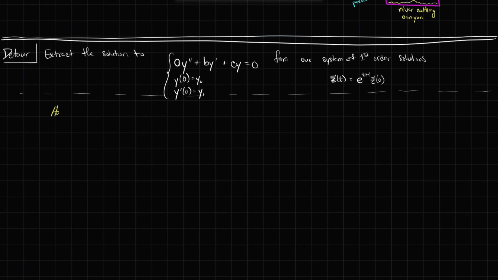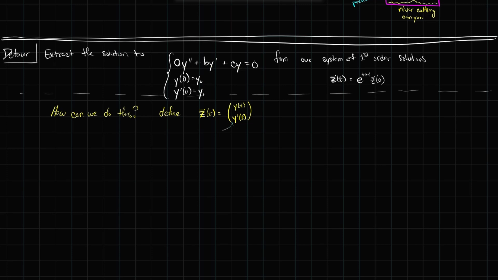So how could we do this? What we do is we define the vector z, which evolves over time, to have two components. It's going to have y, which is really what I'm searching for in my original ODE, and I'm also going to take the derivative of y as my second component.